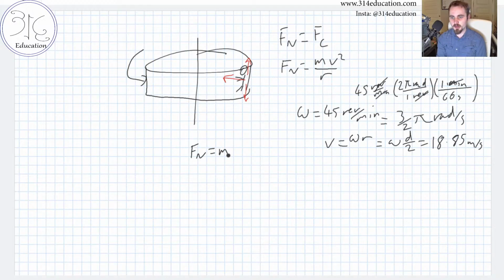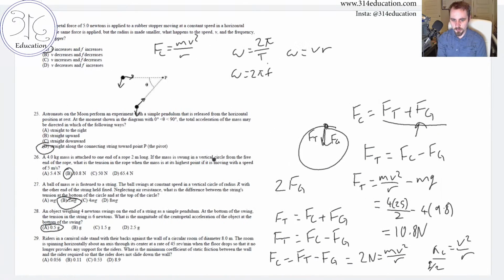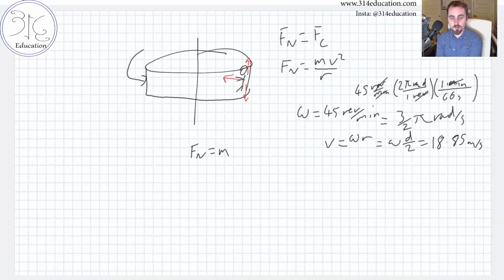We'll still leave it because I don't believe we were told their mass. Yeah, this is going to be invariant of the rider's mass, because we want any riders to be able to ride this. And so our v squared is going to be 18.85 squared divided by our radius, which is 4 meters.